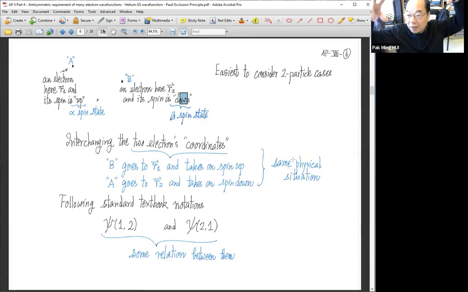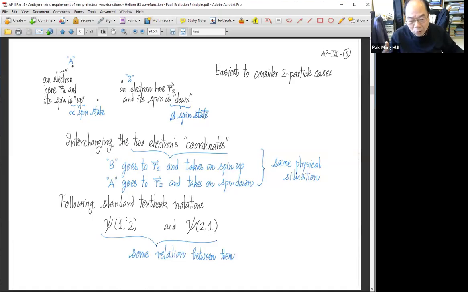So now, if we do such an interchanging of the two particles, we have the same physical situation. And thereby, we follow textbook notation. We will not write down the R1 and then some spin coordinate.